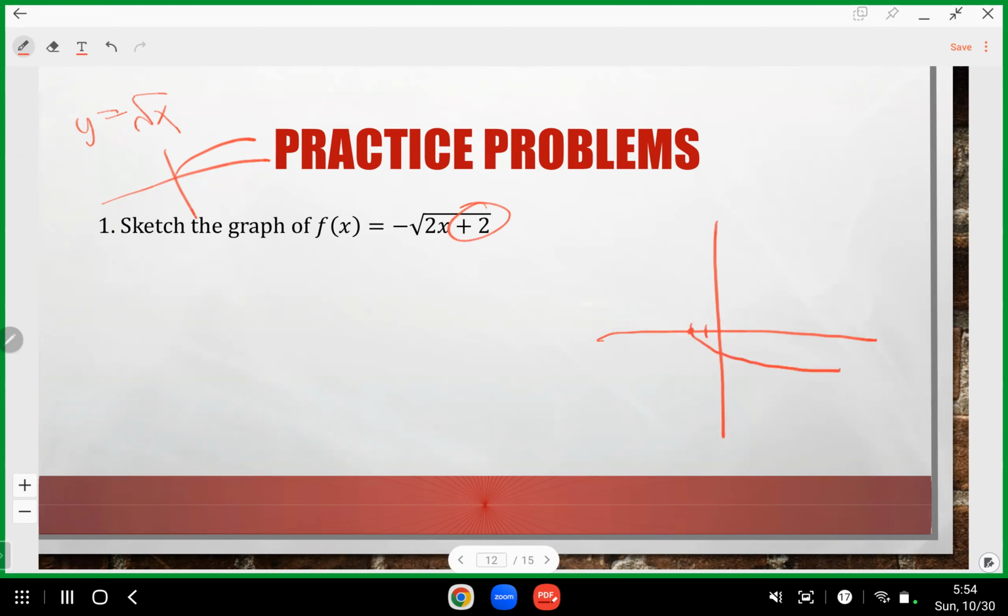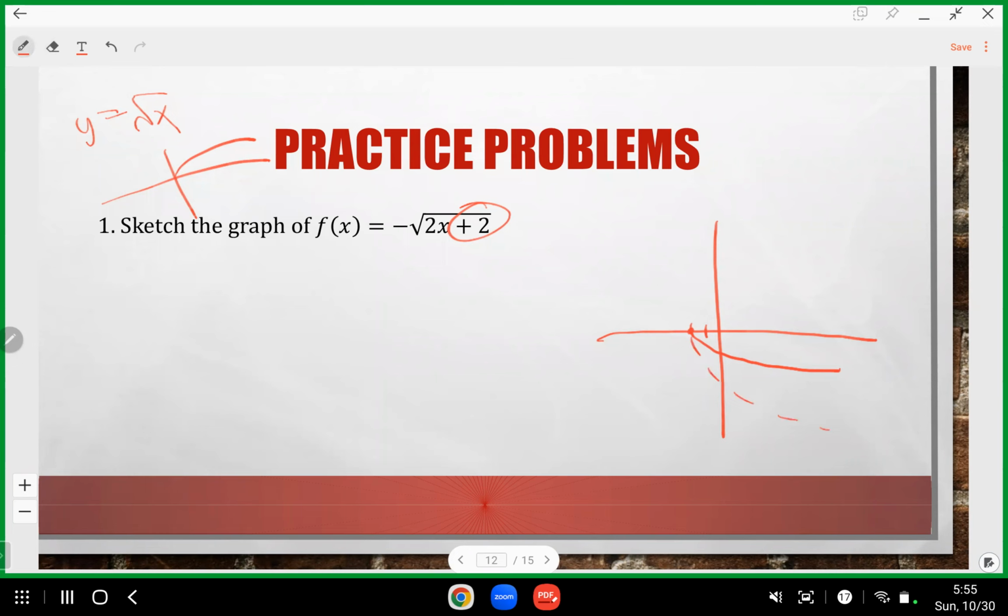And here's the tricky part. Now you're going to compress this horizontally by 2, and by compressing horizontally, it's probably going to look something more like this.